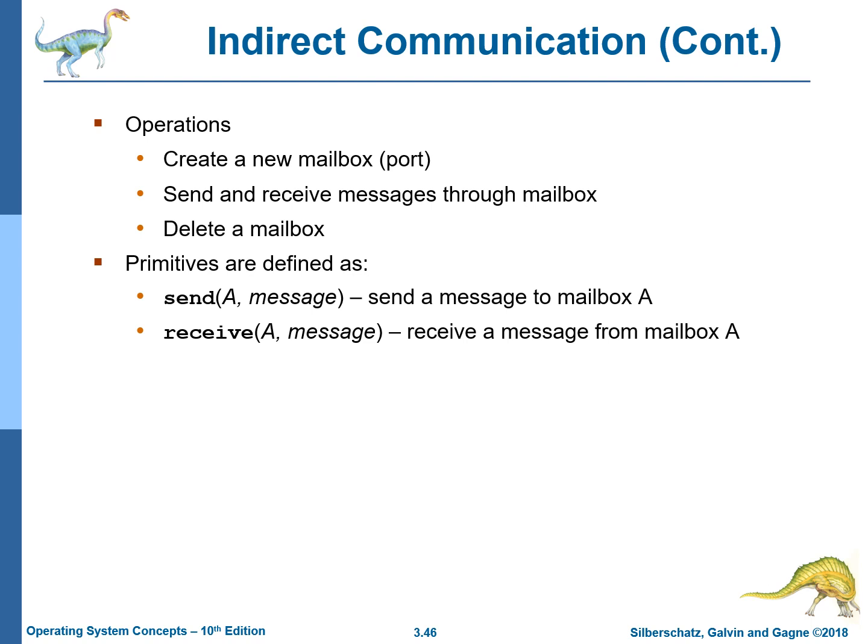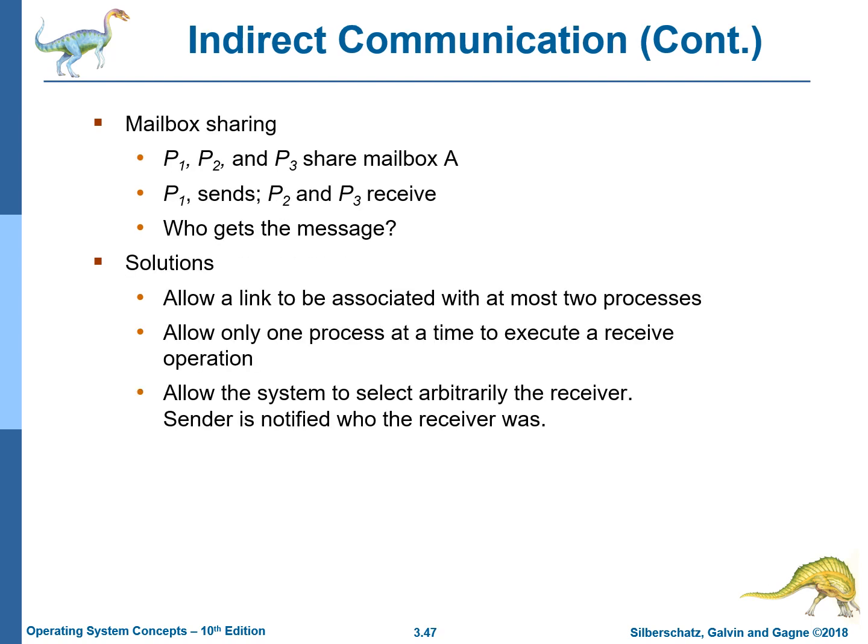Indirect communication. Operations: create a new mailbox or port, send and receive messages through the mailbox, and delete a mailbox. Primitives are defined as send(A, message), which sends a message to mailbox A, and receive(A, message), which receives a message from mailbox A. Mailbox sharing: P1, P2, and P3 share mailbox A. P1 sends, P2 and P3 receive.